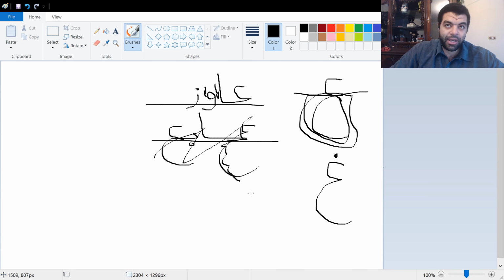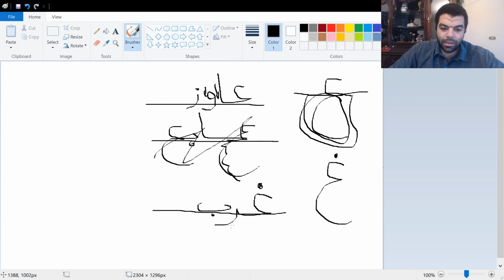For example, I can say the word gharb, which means west. So ghain and then re, and then on the line b. And as I said, re isn't connected from the left side, as you see. So gharb, and this means west.